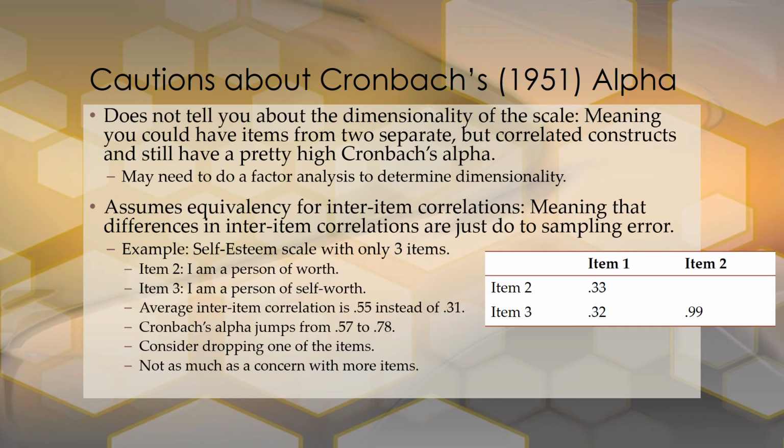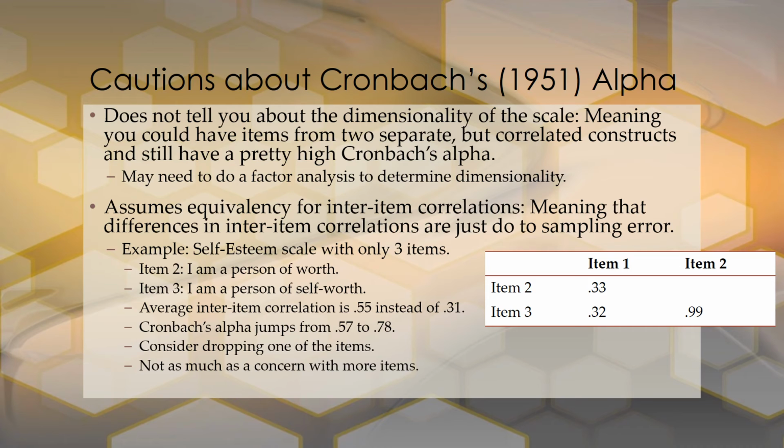In our example from before, all our correlations were around 0.31, but they didn't differ a lot. But here on this slide, we have a little different story. We have 0.33, 0.32, and then 0.99. That might be a red flag, if you have a correlation that is really high compared to the other ones.